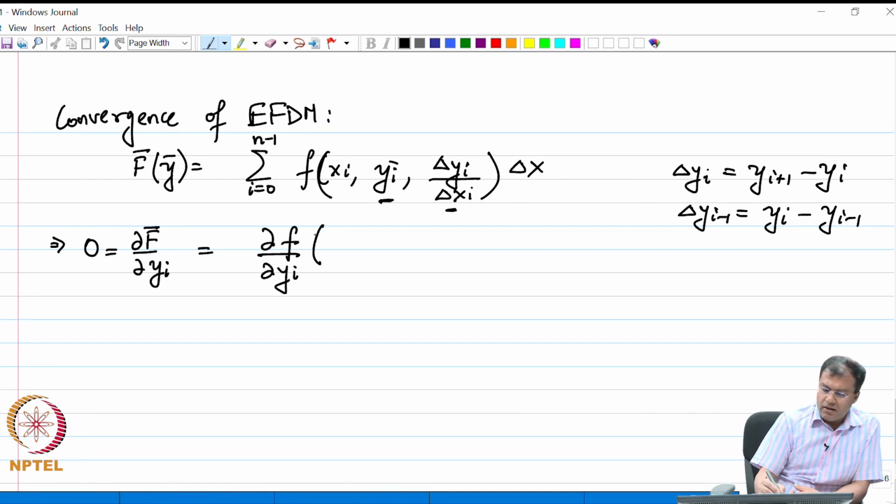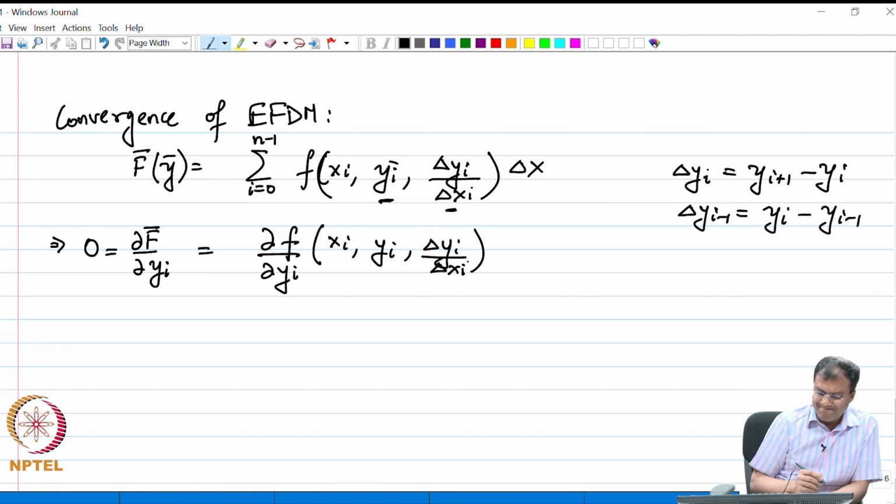So, this is evaluated at x_i, y_i, delta y_i by delta x_i, right, and plus, well, what I have done is I have scaled out this constant delta x. So, delta x will not appear in any of our terms on the right hand side.